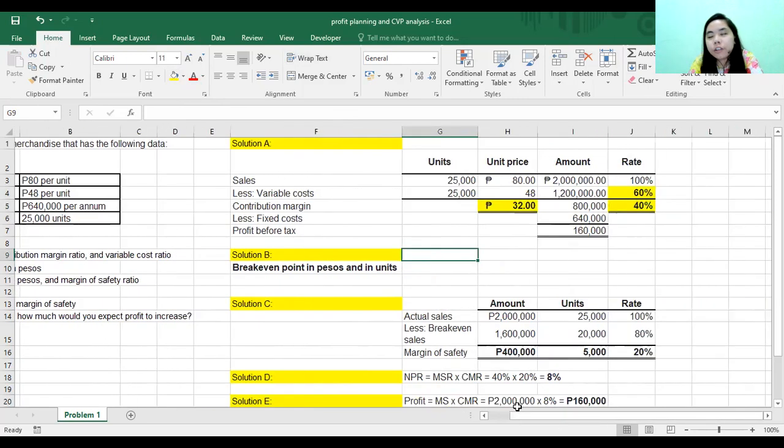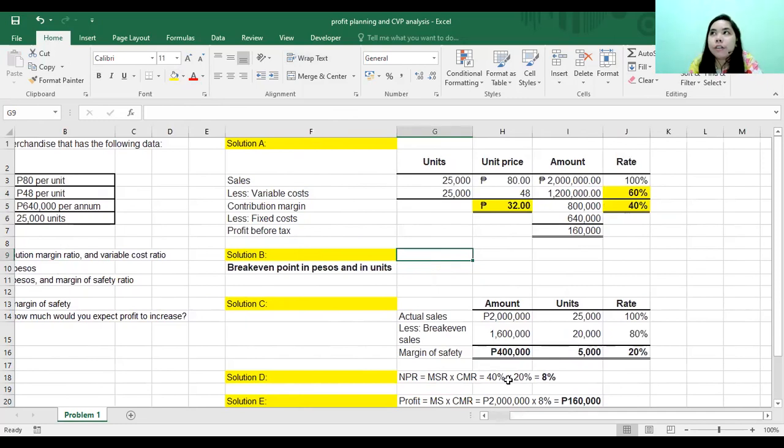So if you go back to your formula, your break-even point in peso is equal to your fixed cost divided by your CM. If we go back. That's your break-even point in units.